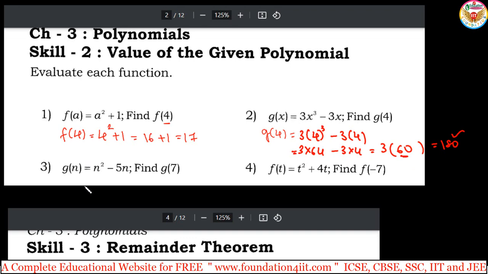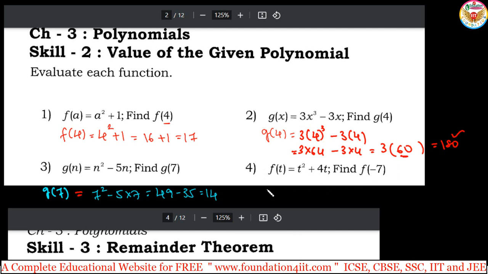So all the problems are the same type. You just substitute the values which are given. n power square minus 5n, g of n. So g of 7: you can write 7 square minus 5 into 7. 49 minus 35. How much do you get? 14. Right? Just substitute the values.